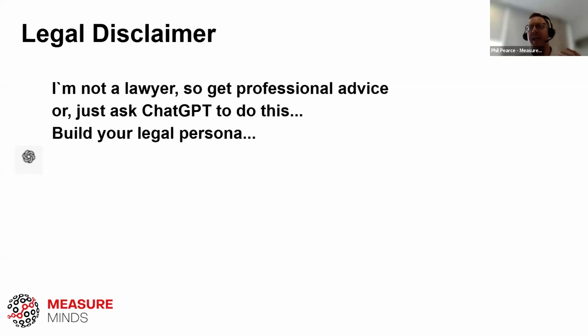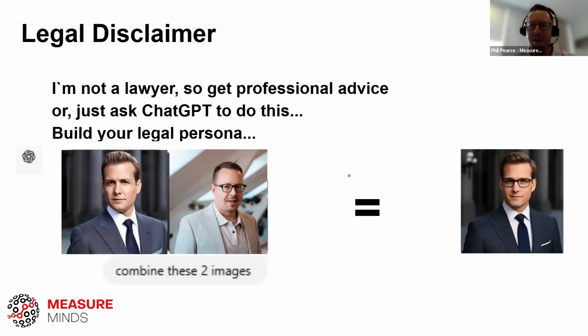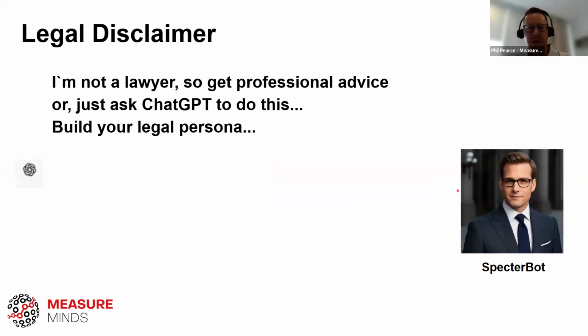You can take a picture of yourself or build a custom prompt. In this case, I've got Harvey Specter on the left and me on the right. Combine the two and you end up with the Harvey Specter bot, or a more legal, posh version of me, aka Spectre bot.